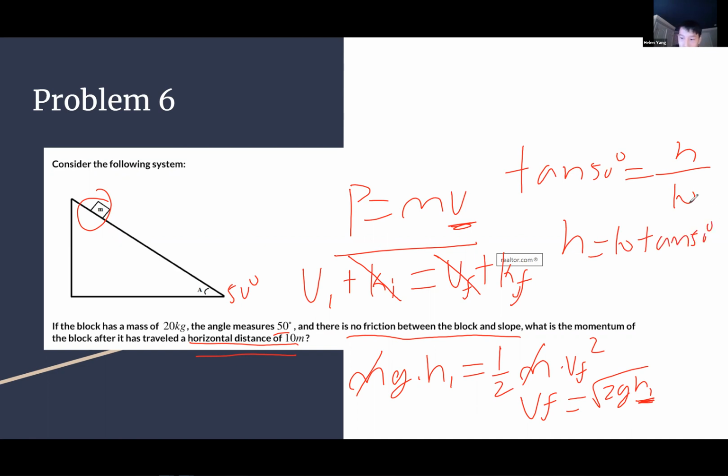I'm not going to solve it right now, but you plug 10 tangent 50 degrees back into this equation and solve for the final velocity. Then, since the mass is 20, it would be 20 times the final velocity, which is over here.